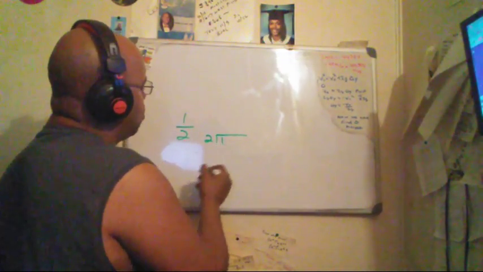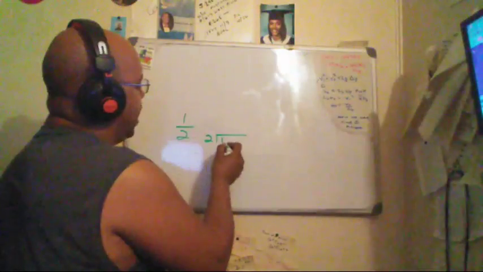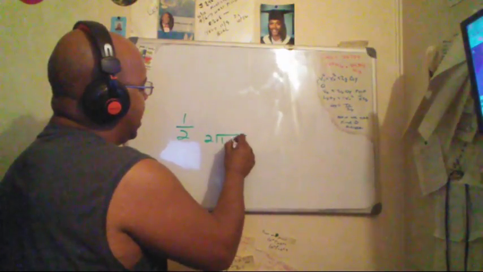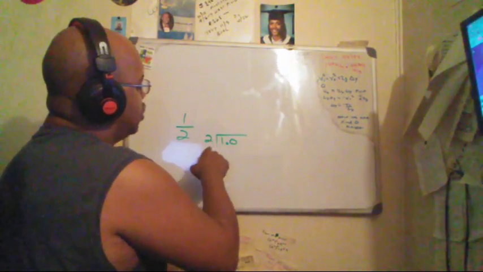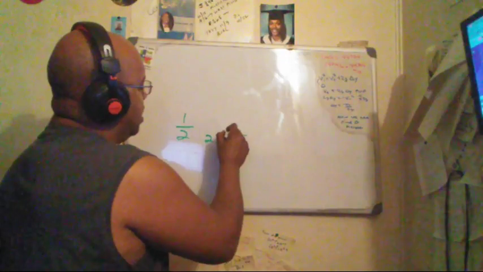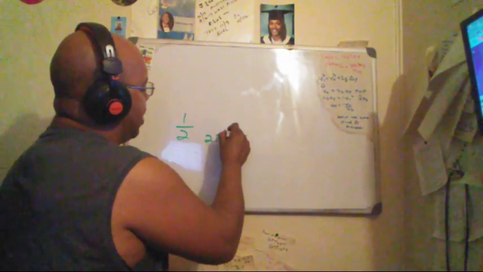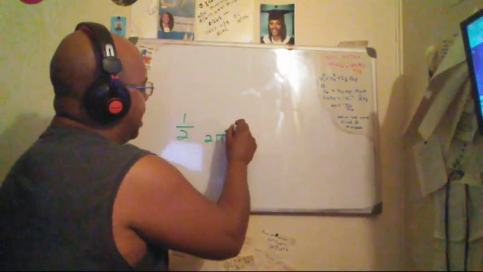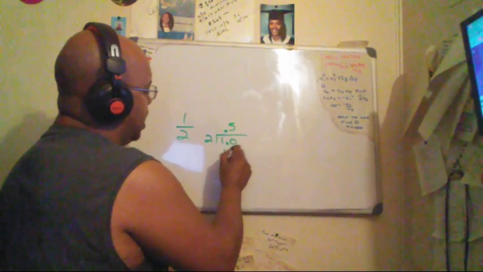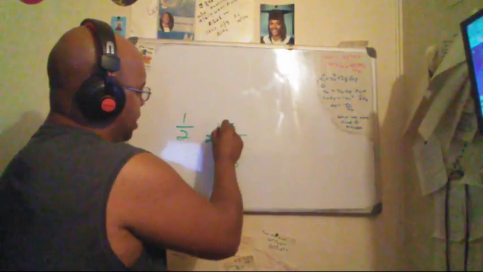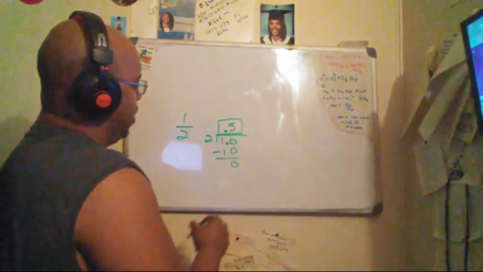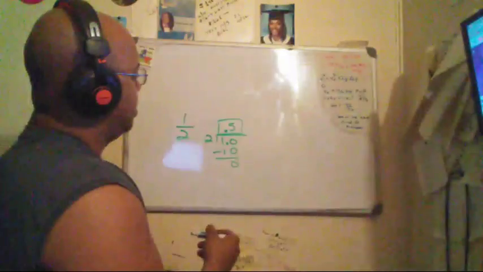If we place the 1 here, 2 can't go into 1, so we have to have a decimal and a 0. Now, 2 can definitely go into 10. When we place a decimal here, we have to bring it up in our answer, and 2 times 5 is equal to 10. Then that zeroes out, so the decimal form is 0.5.